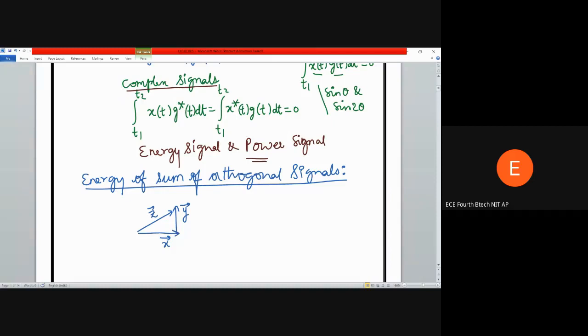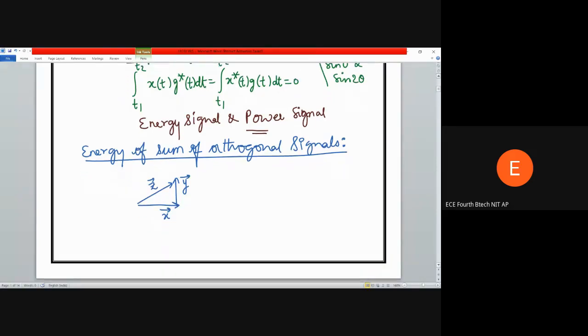As per the triangle law of vectors, z bar is equal to x bar plus y bar.